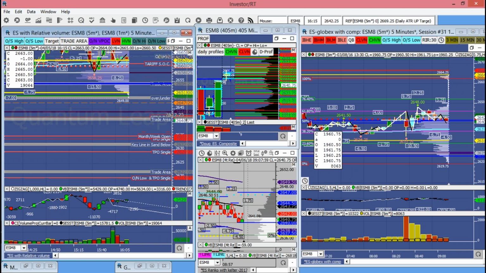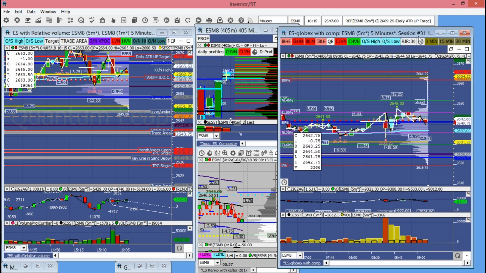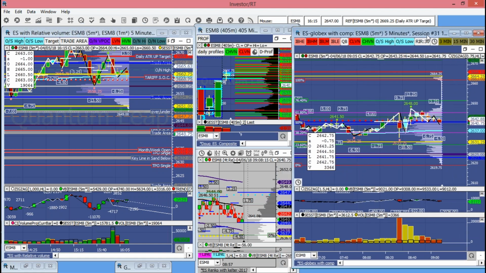So I'm looking for an open auction out of range. Oh, we need to do the gap fill. If we open here, where are we trading? Let's call it 41. This will have to be adjusted, of course. And the close was 63.